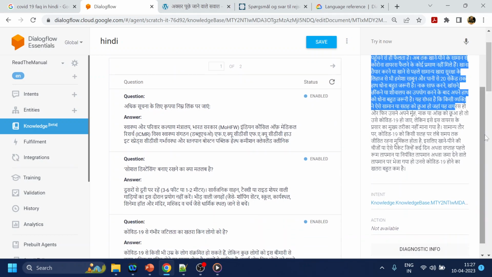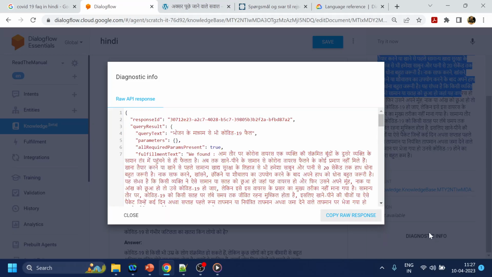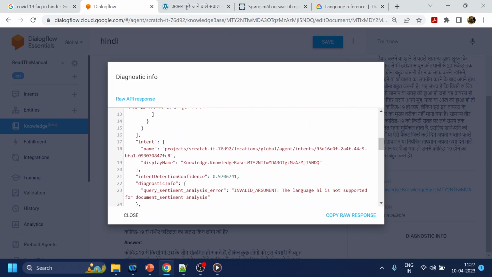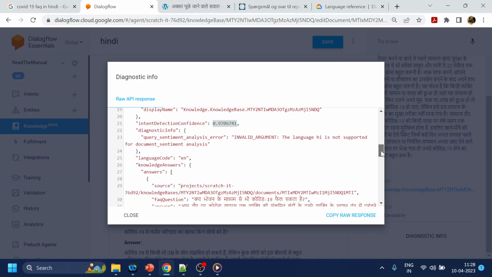Now let's go to the diagnostic info. This will give us the more interesting aspect. If you scroll down, you see the intent detection confidence. Although the text we provided as a user is in Hindi and the knowledge base is in Hindi, Dialogflow is able to understand, with a confidence level.